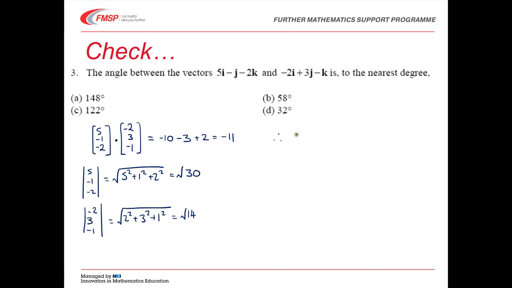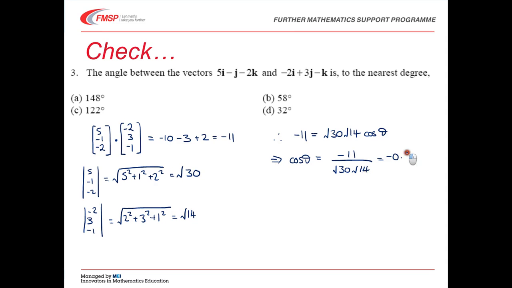Okay, the dot product is minus 11, and that's equal to root 30, root 14 cos theta. And that means that cos theta is minus 11 over root 30 root 14.